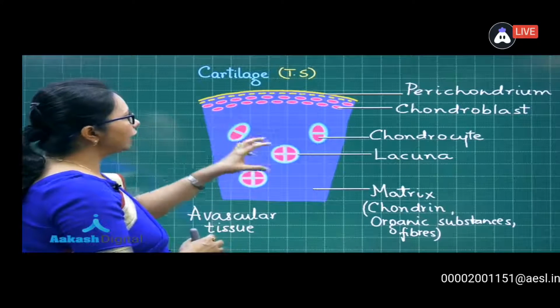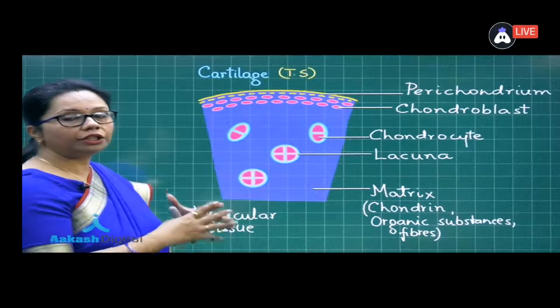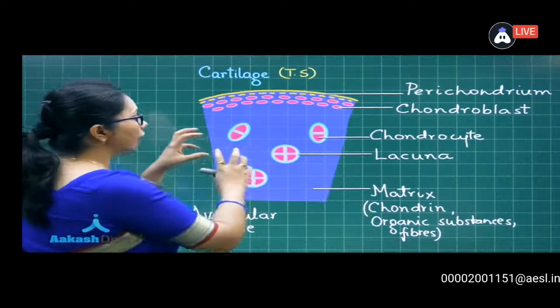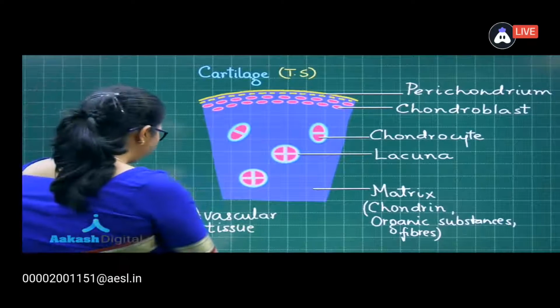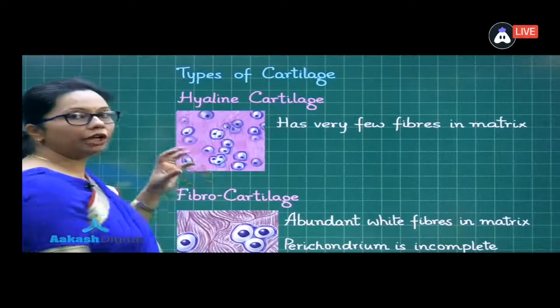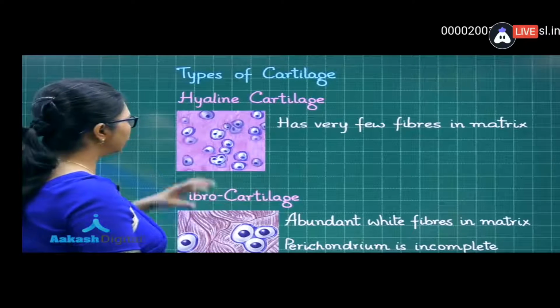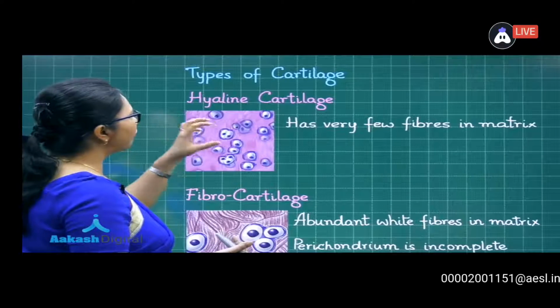Now this cartilage is classified according to the different substances present in the matrix into 3 different types. And these are hyaline, fibrocartilage and the yellow elastic cartilage. Now the word hyaline means glass-like. Why does it appear glass-like?